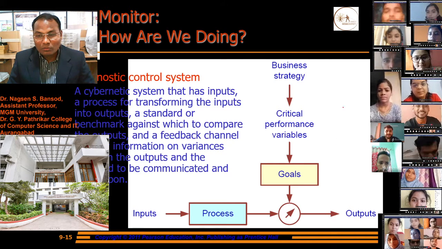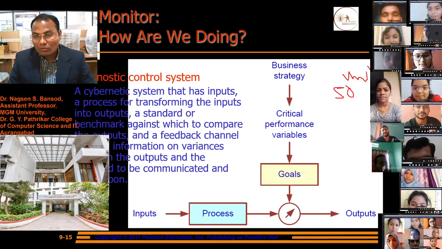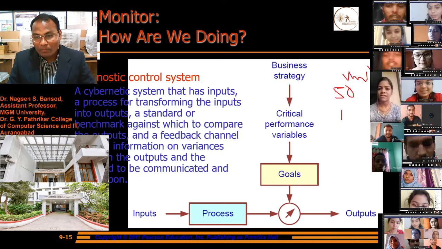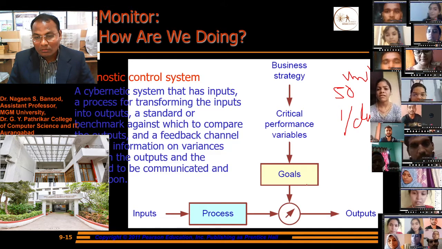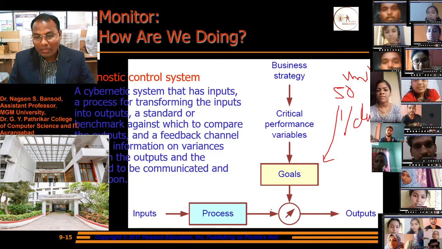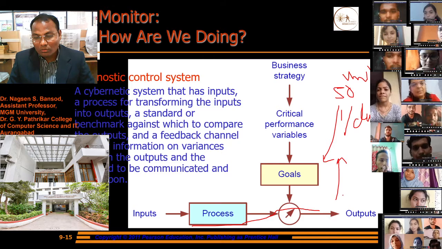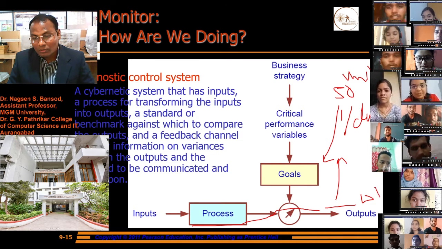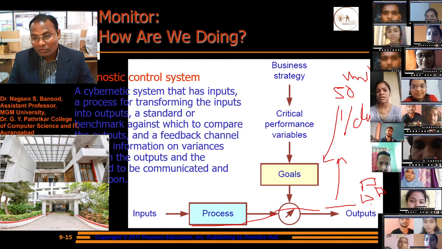If we have a goal to generate 50 units of some product per day, this is our goal, and we process it and we have to reach this goal as the output. We should be able to develop the 50 units of the product.